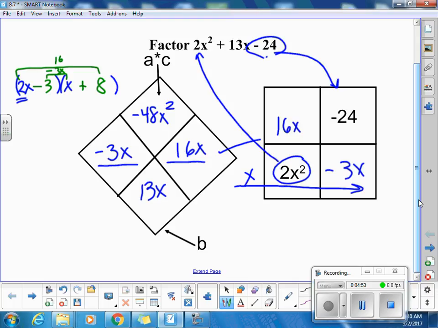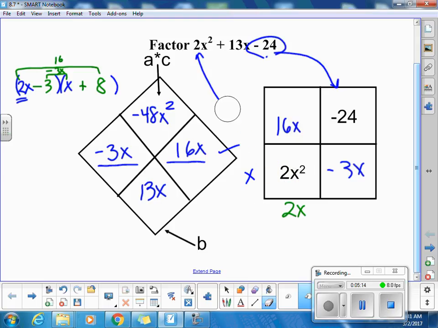if I look, whoops, let me rearrange here, this way, I have common factors of 2x. So 2x times x is 2x squared. I'm going to erase some of these arrows because now I've got lots of writing on there. Now 2x times 8 gives me the 16x.